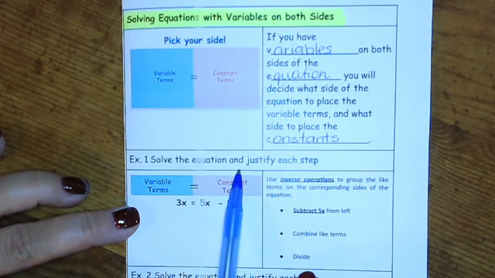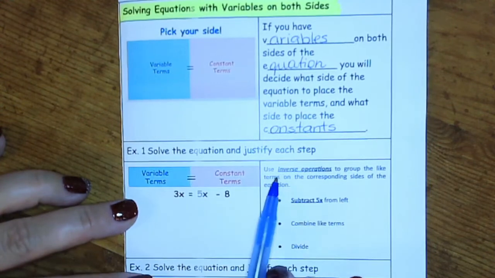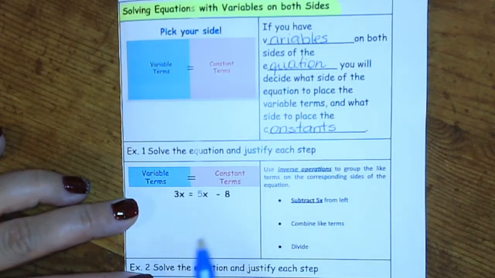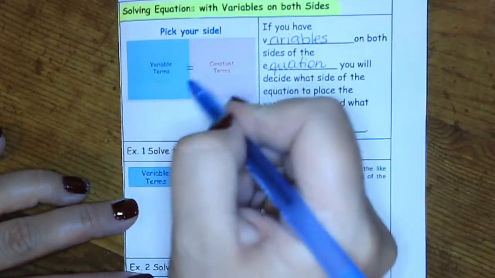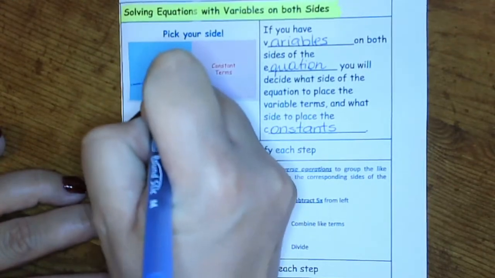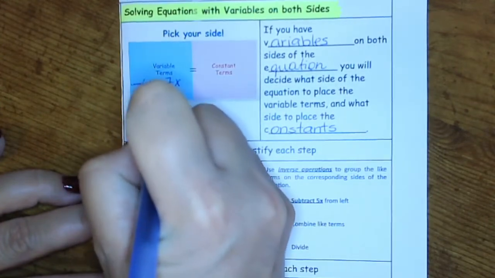Solving the equation and justifying steps. We'll use inverse operations for grouping. So let's say what variable terms we can have. Here variable terms can be maybe negative 4x plus 7x, and minus 3x.